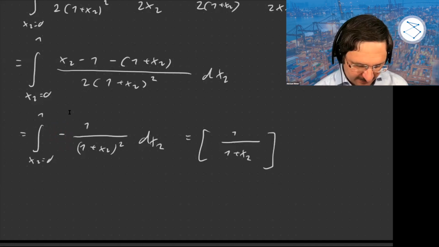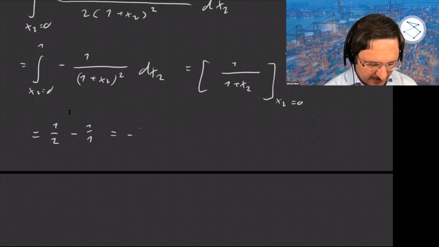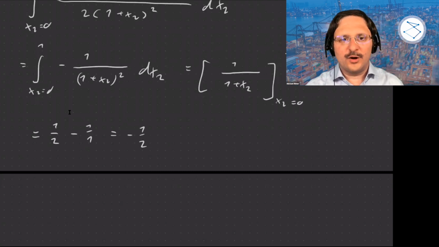So that's what we get for the integral, and we still have the two boundaries here. And now if we substitute those, we get for the upper bound 1 over 2, and for the lower bound, we get 1 over 1. And that yields a total of minus 1 over 2.